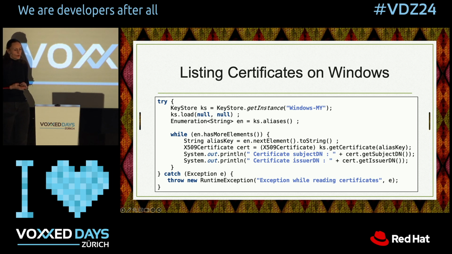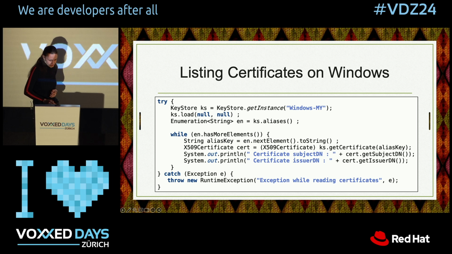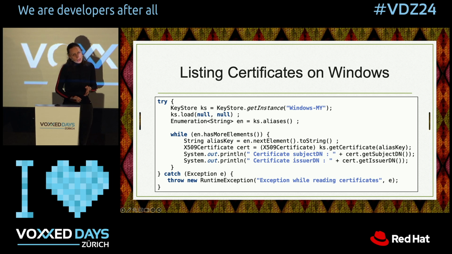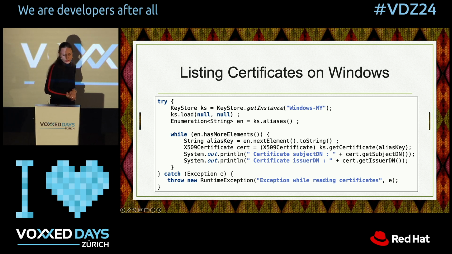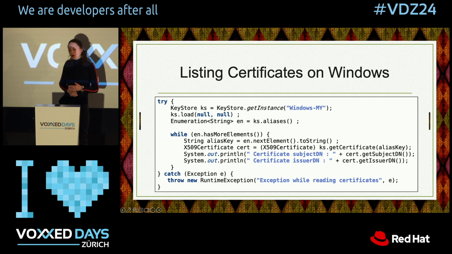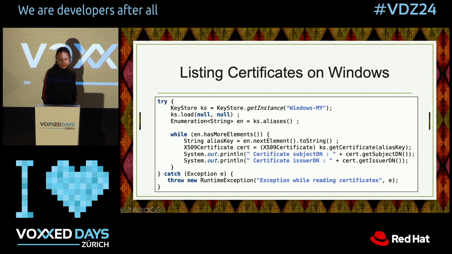What happens is that Windows stores keys and certificates for either the current user or the local machine. And you might need access to either of those, right? So for example, if you're using the SunMSCAPI provider to access native cryptographic libraries or certificate stores on your Windows machine, you might get only certificates available to user accounts, right? So if you're using the Windows-MY example like here, before JDK 19, then in this case, you're going to get only the certificates for your current user.